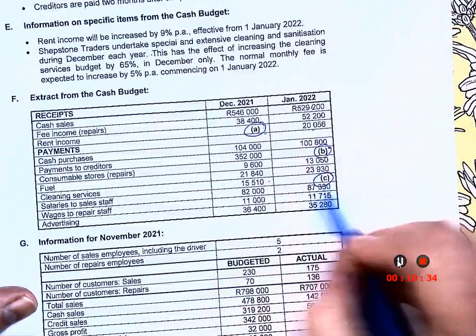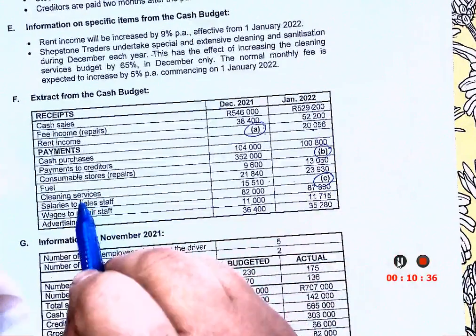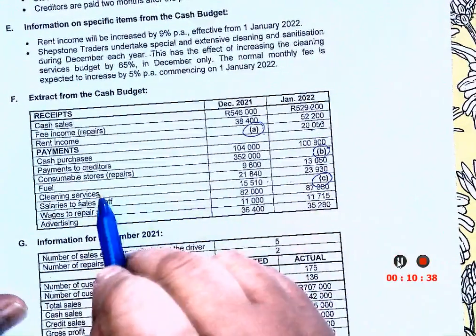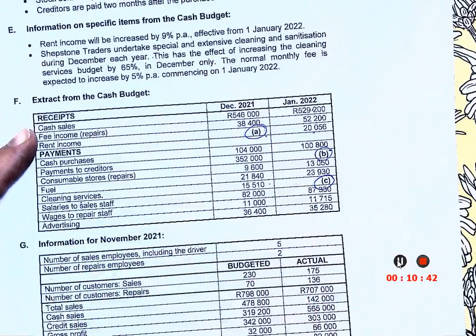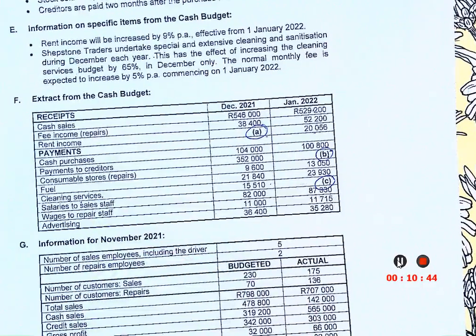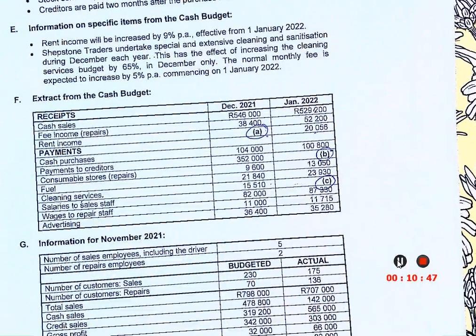January cleaning services, is that right? Cleaning service. So they say Shepstone traders undertake, this is payments, right? Extensive cleaning and sanitation during December each year. This has the effect of increasing the cleaning services budget by 65% in December only.